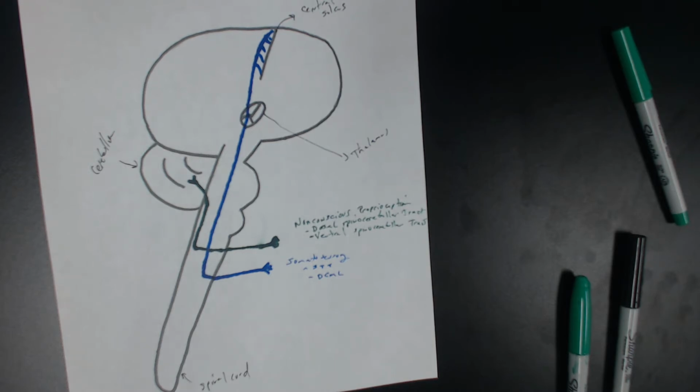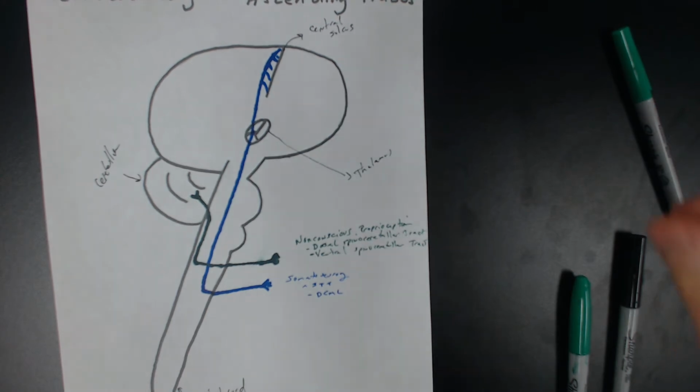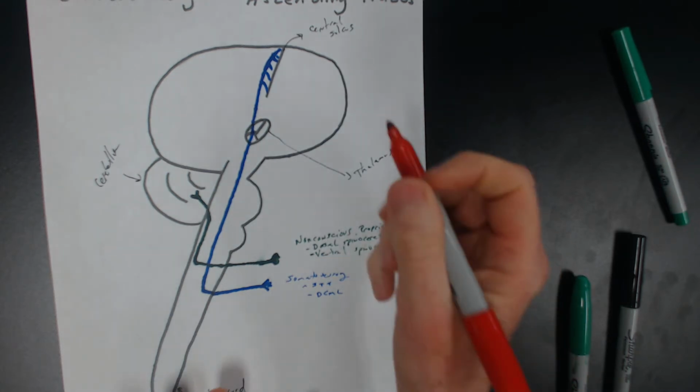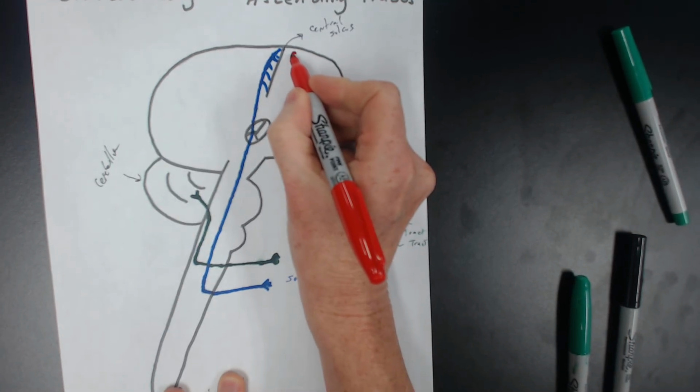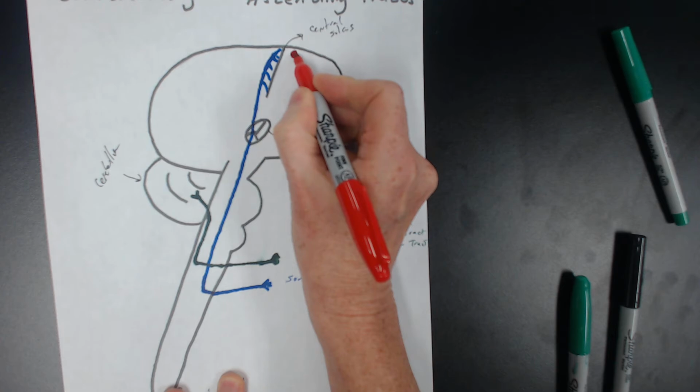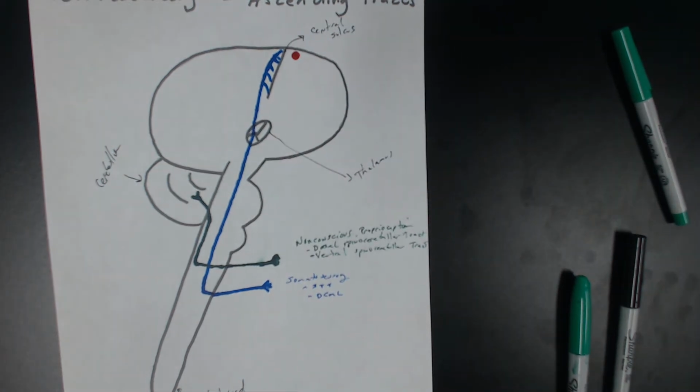Now we're going to talk about the main motor tract. We're going to start here in this area, remember that's the precentral gyrus.